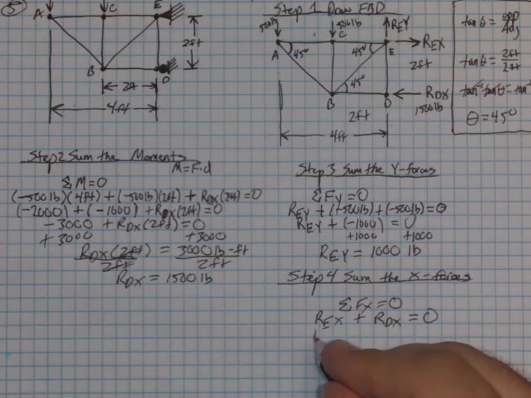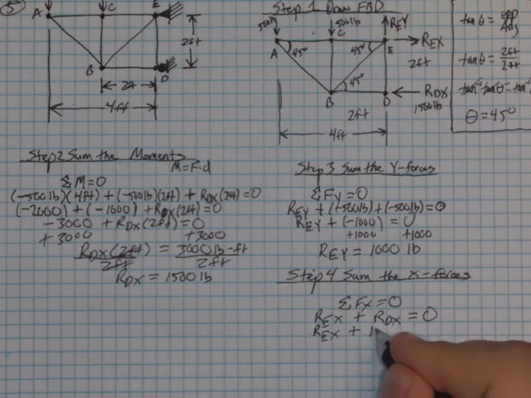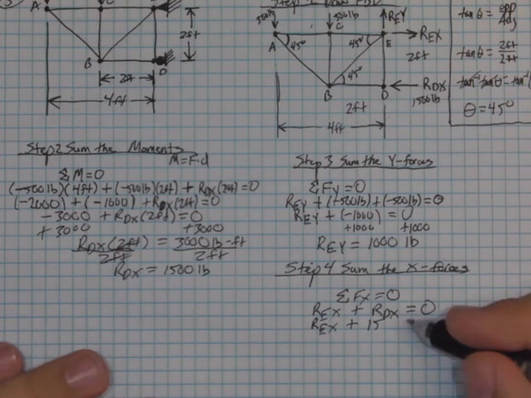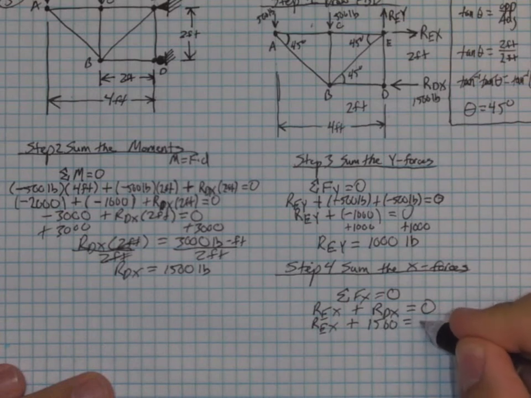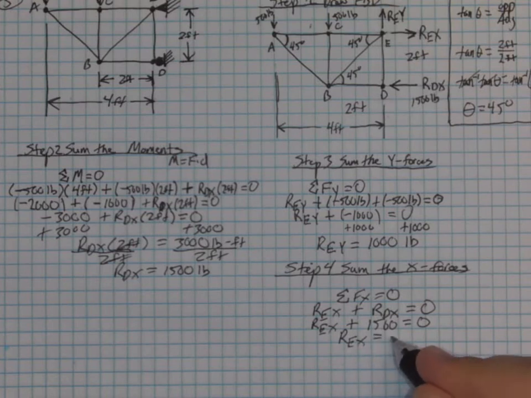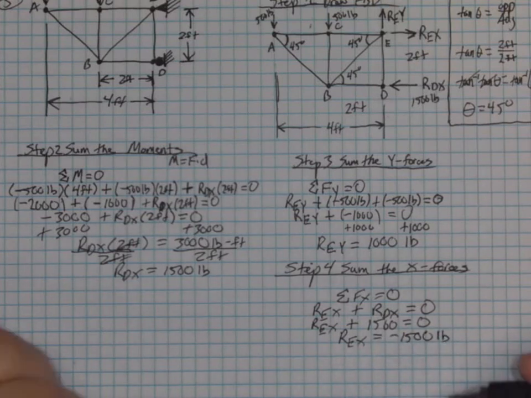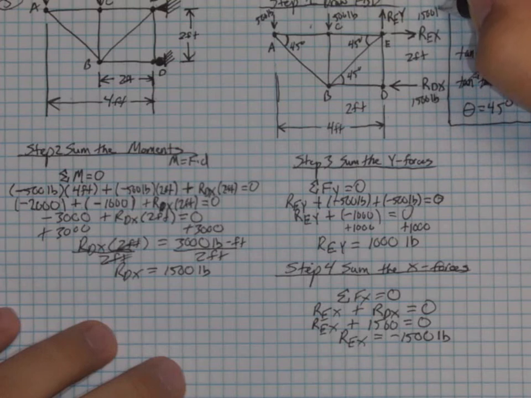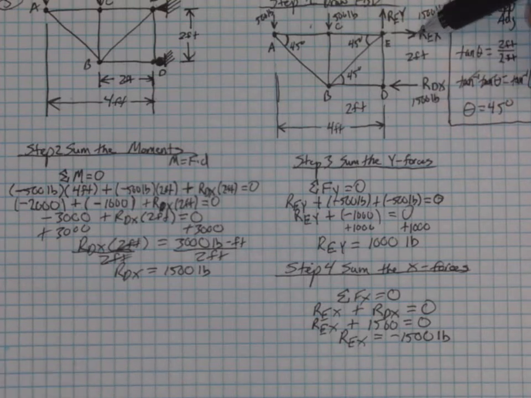So now REX is what we're looking for, plus the 1,500 pounds from RDX that we solved for. In order to put REX by itself, I'm going to get a negative 1,500 pounds, which, as noted in a previous video, is just indicating a different direction.